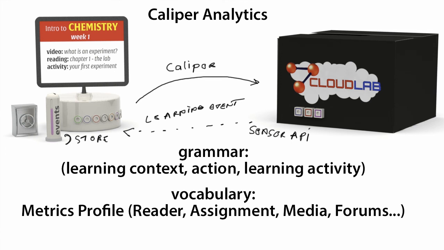So, for example, reading interactions, so opening a reader, or taking a test, or consuming media, or going onto discussion forums. And so, by standardizing on the vocabulary, it's easier to aggregate those events because you can have 2 or 3 kinds of readers, different kinds of assignment providers, different kinds of media, different kinds of forums, but they produce the same events. And so it's easier to aggregate and then derive sense out of it.